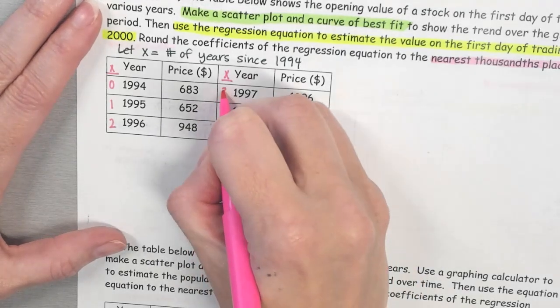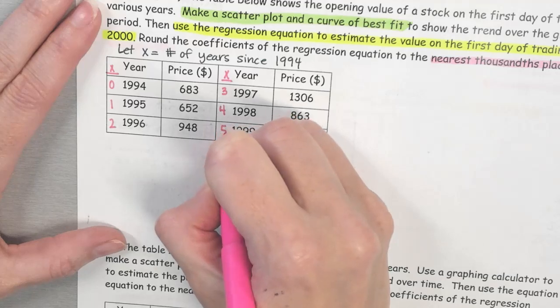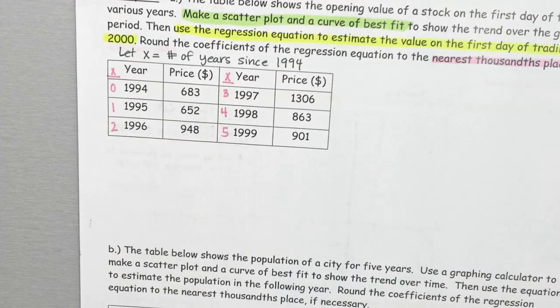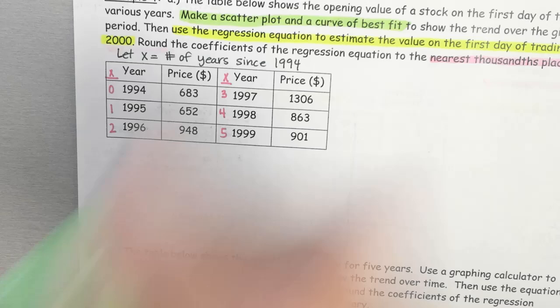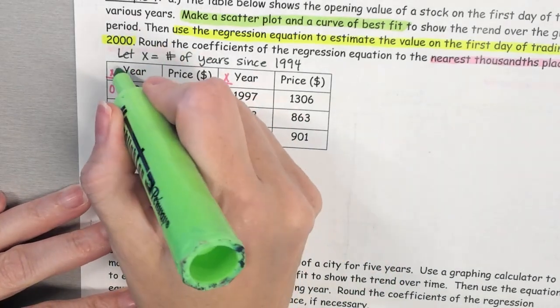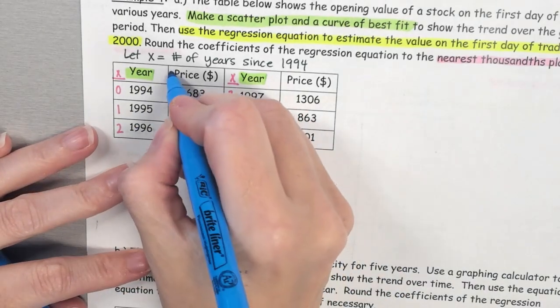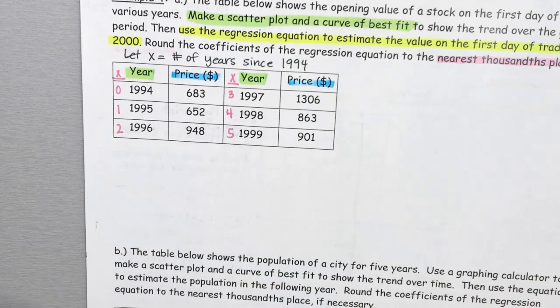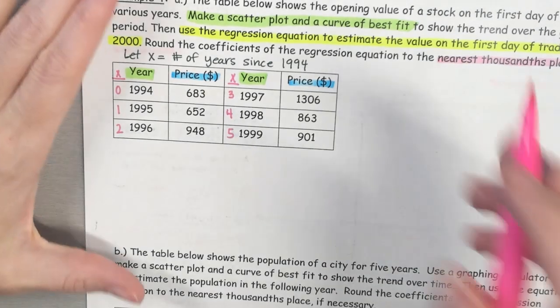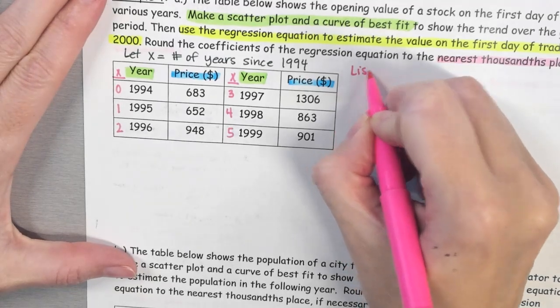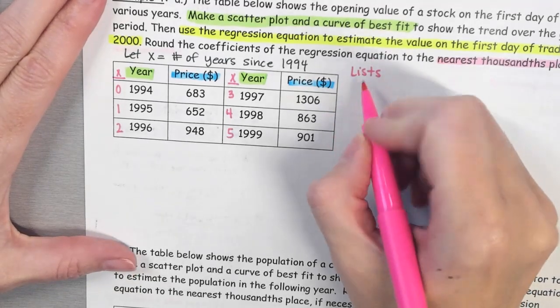So this would be year 3, year 4, year 5. Okay, so our x values are going to be the years. There's 2 columns like that. And then the price is going to be our output, which is similar to our y values. Okay, so I'm going to show you how to access the list in your calculator.